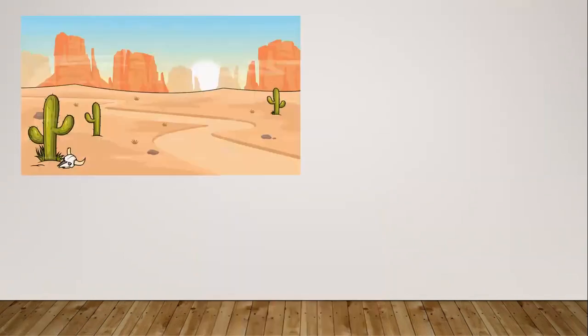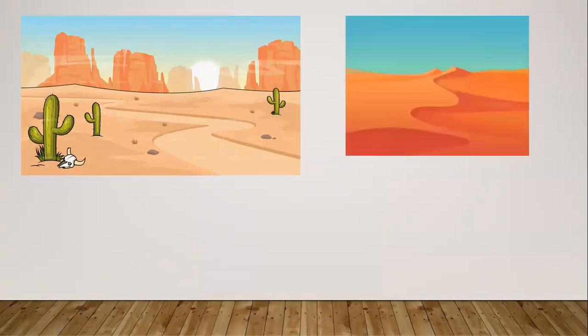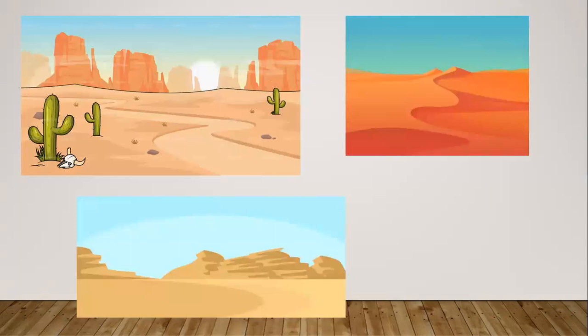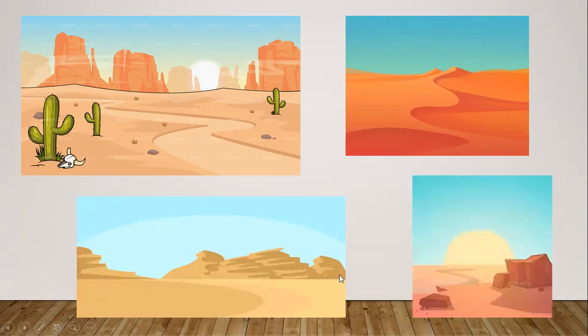If you're just drawing on a piece of paper, your habitat, think about if you want to color the whole bottom of the picture sandy colored like a tan, and then the top blue to make it look like the sky. So these are different ones. If you want maybe like in this one, different rocks or sand mountains in your desert habitat. This one has a sun in it all the way in the back.